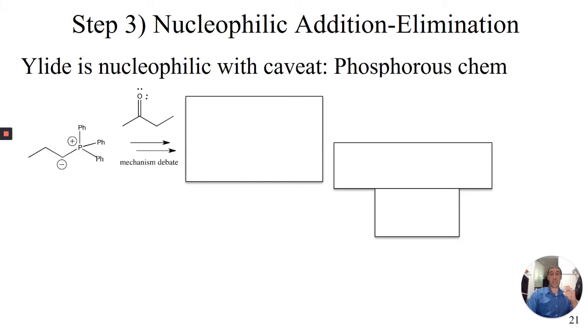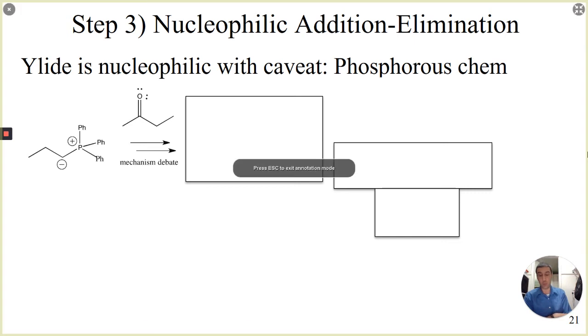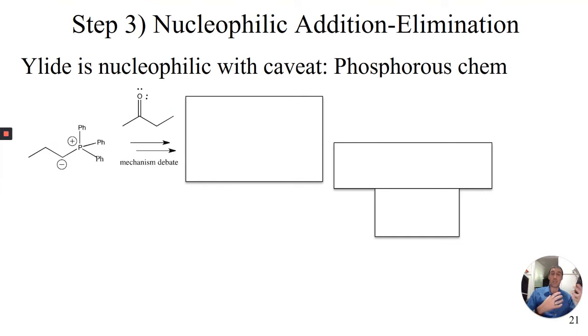Okay, and what's happening is that it turns out that this isn't super clear, and that when we go through and change the identity of these R groups on any of these pieces, the results change. Okay, which means there's a little bit of a debate of exactly how the mechanism runs, which means good for you, you don't have to know the mechanism. Okay, you just kind of have to know the end result of this.